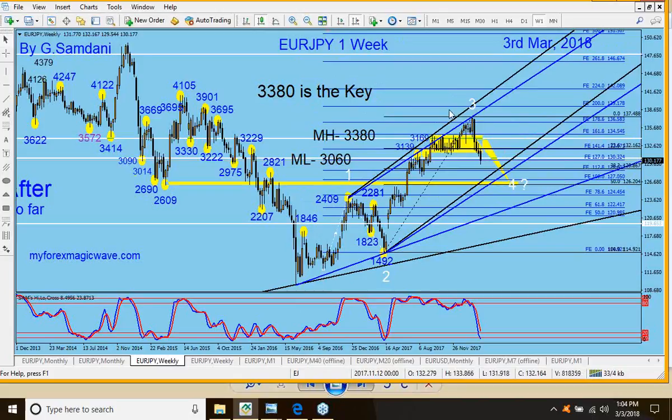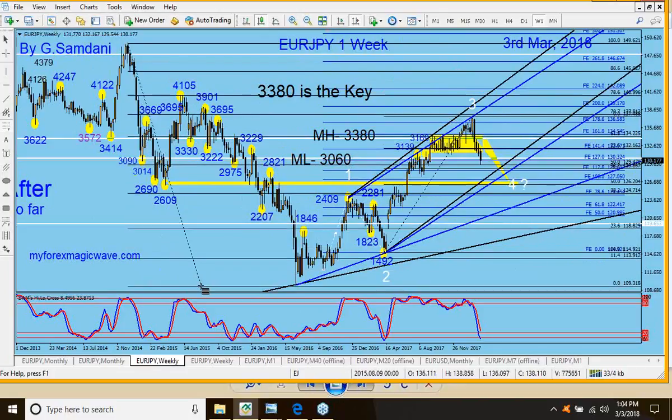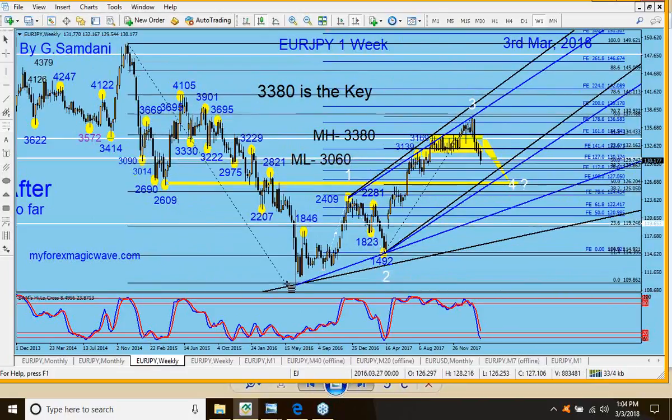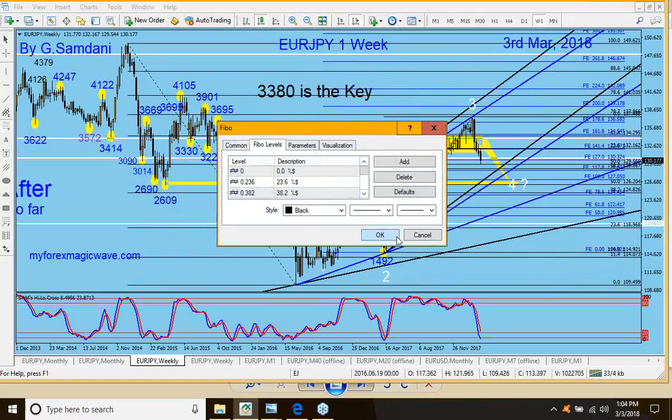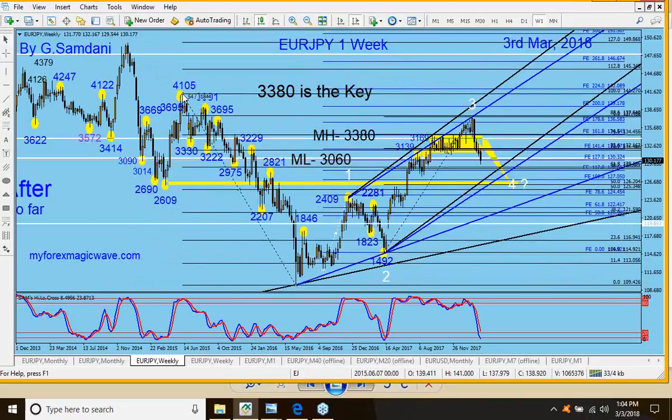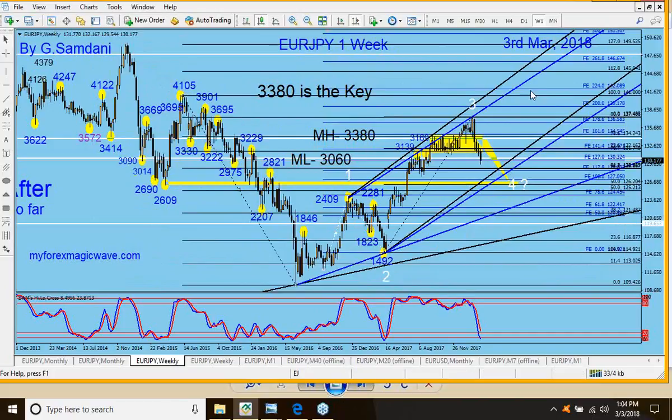There are other factors involved, like if you draw the fib from here and see what's happening. You notice there's another important level here with the retracement. I'm showing you how I do it. You do it from here and then we hit 88%.